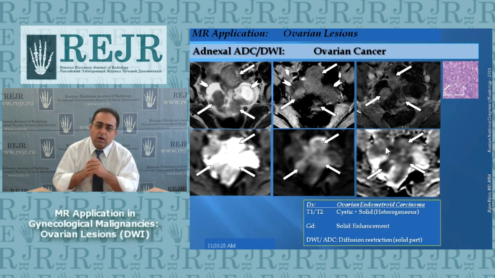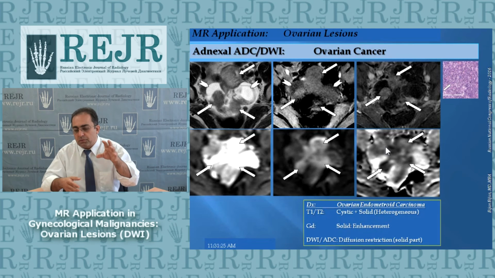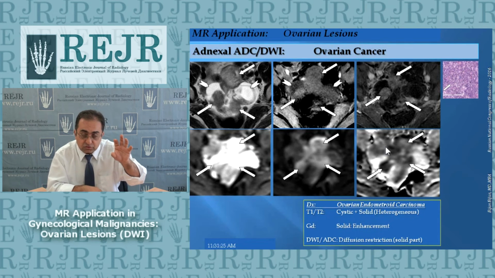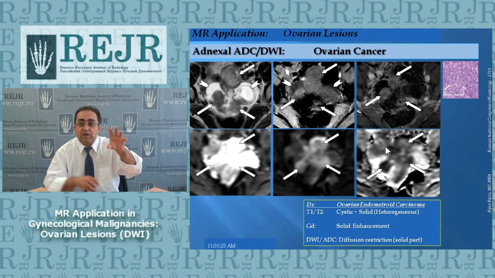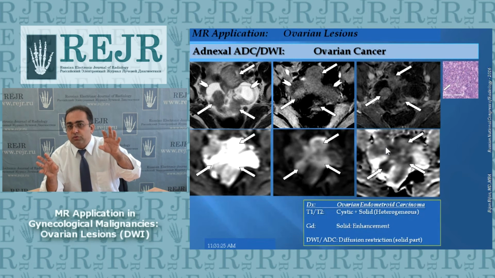chemotherapy. So the most aggressive component of any tumor, and this is just a general thing I want to share with you, responds to radiation and responds to chemotherapy. And the least aggressive part of the tumor doesn't respond really well to radiation or chemotherapy.